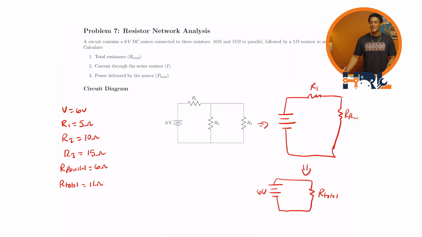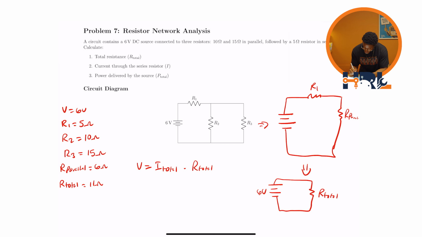Okay, the next part says calculate the current through the series resistor. Realistically, this is basically saying find I total, because I total is going through that series resistor and then splitting off between the 2 branches. So let's find I total. Using Ohm's law, we have V is equal to I total times R total.